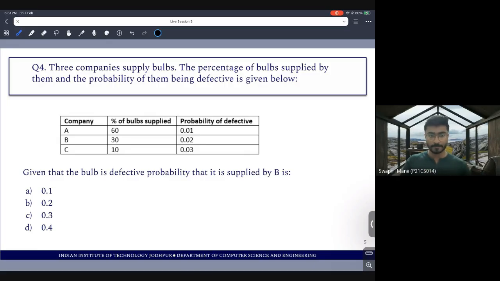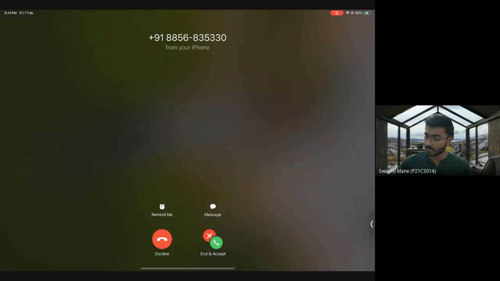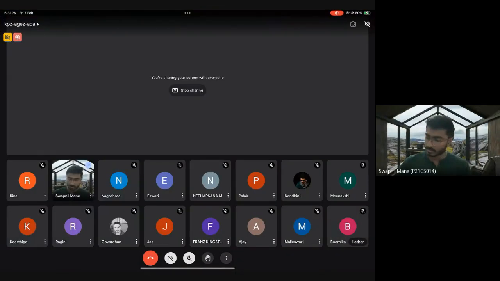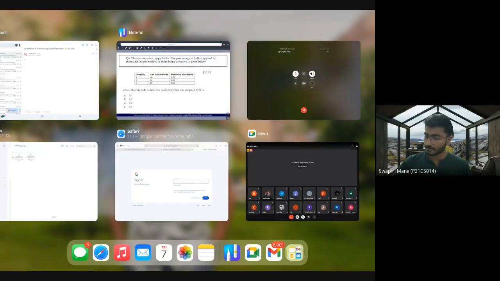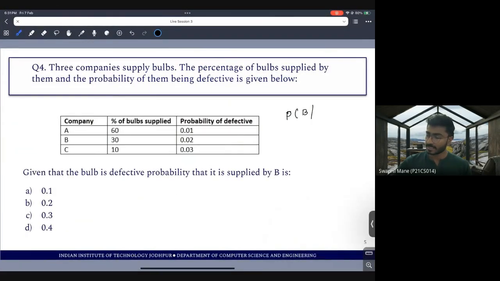So I may simplify this question by writing which probability we need to find. We need to find the probability that company B supplied, given that it is defective.